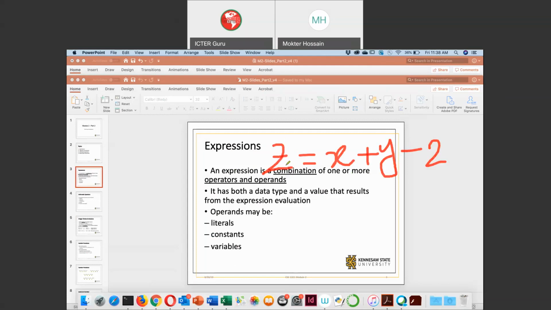Here G, X, Y, and number 2 are operands, and the equal sign, plus sign, and minus sign are operators.